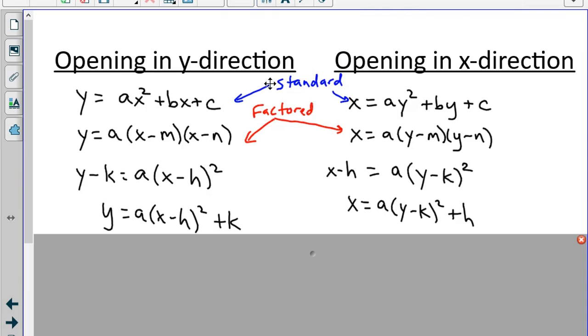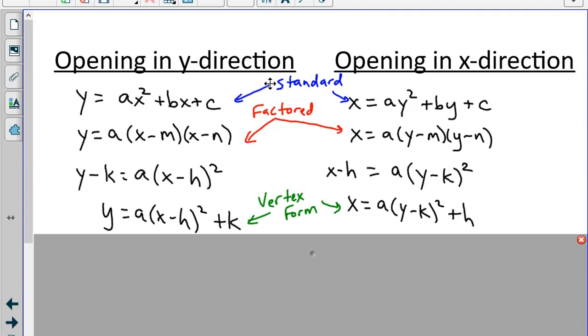And the one at the bottom, which is very similar to the one that we see third, we called vertex form. Okay, factored form we also could call intercept form because we can figure out what the intercepts of the graph are. And so these are things that we learned back in chapter 3, our third unit of the year.